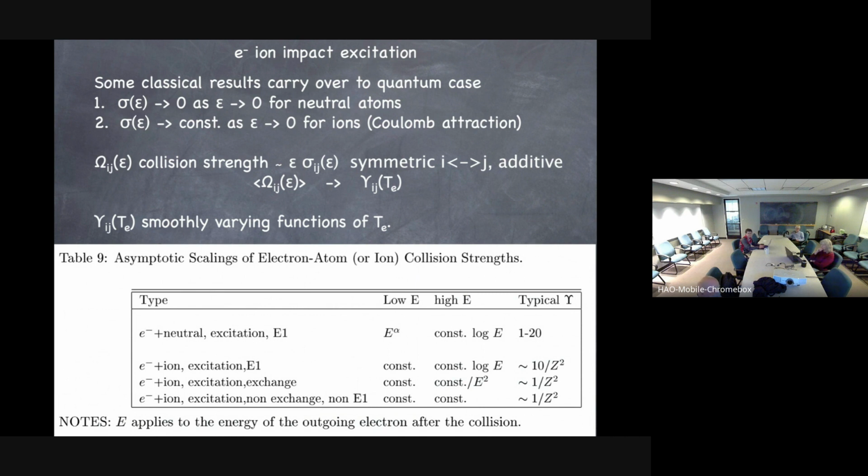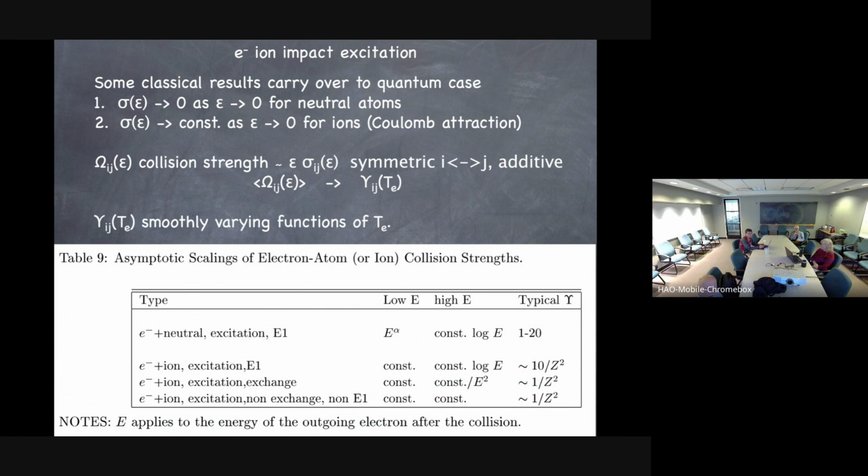If you were to look at this table, you could get a rough idea of how things scale with charge on the atom and with energy, and you would get some clue. I'm not going to go into those details at the bottom of exchange and non-exchange, non-electric dipole, all this stuff. This is just in case you ever find yourself having to figure some of this stuff out.